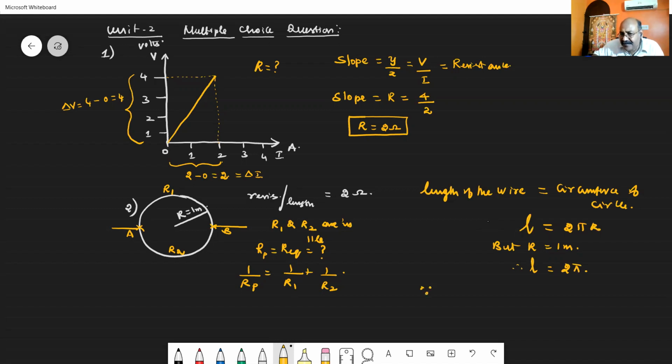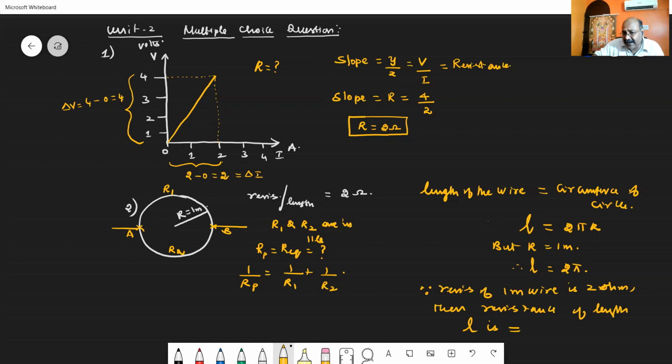See, since the resistance of 1 meter of wire is 2 ohm, then what is the resistance of length L?